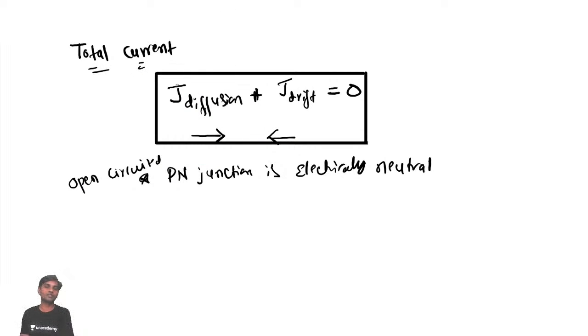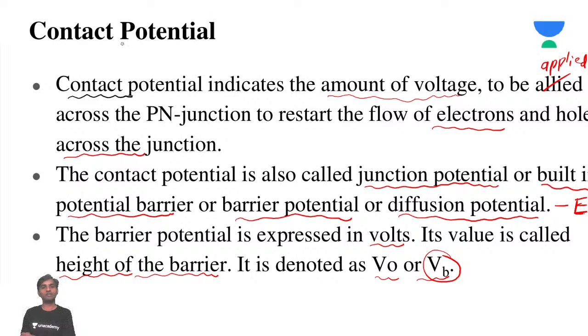So the total current is going to be J diffusion plus J drift, which is equal to 0. Why, sir? Diffusion is in this direction and drift is in this direction. Both of them are in opposite directions. Because of that, the open circuited PN junction is electrically neutral. Now we have something called contact potential, also called built-in potential, barrier potential, or diffusion potential, right?